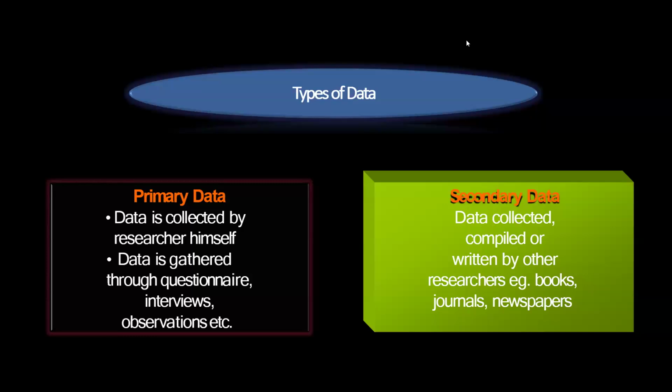And we have secondary data. That is data collected, compiled, or written by other researchers, for example, books, journals, newspapers, and not only that, you have many research papers available in the research bureau. Every country will have a research bureau on various topics and modules.